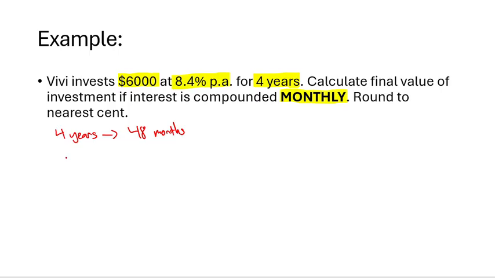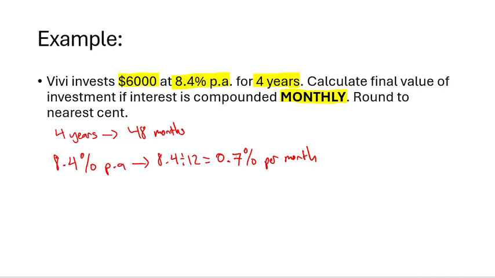And we need to find our new rate percentage because this is based on per annum, 8.4% per annum, per annual, per year. We are now going to divide this value by 12 and I'll get 0.7% per month.